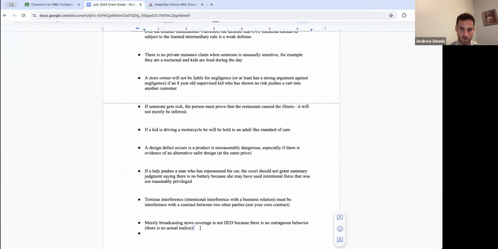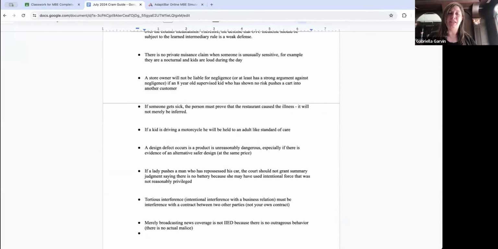For defamation, the standard is malice. To be fair, that's the other way they test this question. This one they weren't asking about defamation, they're asking about IIED. And they're saying it's not IIED because it wasn't malicious. The other one was asking about defamation. This one was just asking about IIED. Yeah, but seems pretty similar.